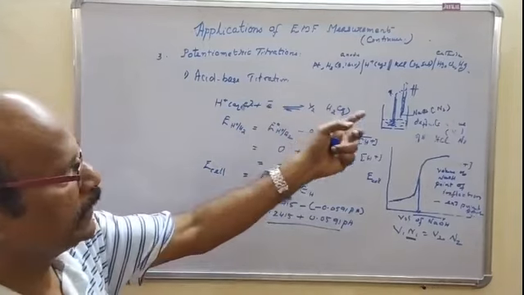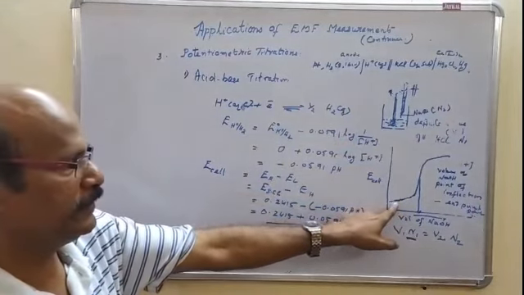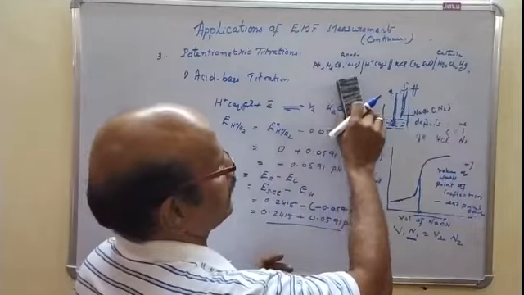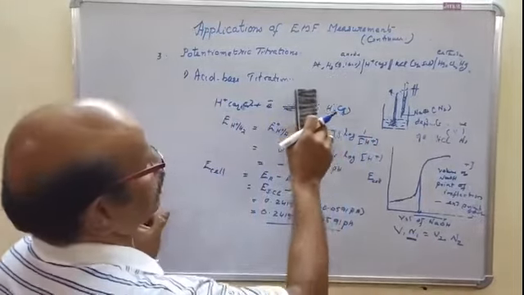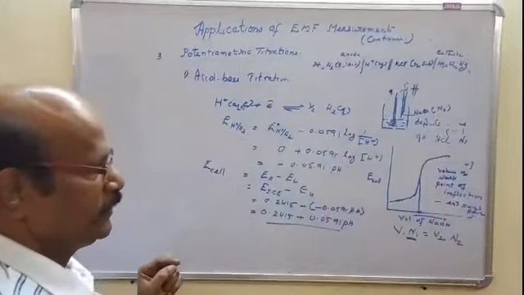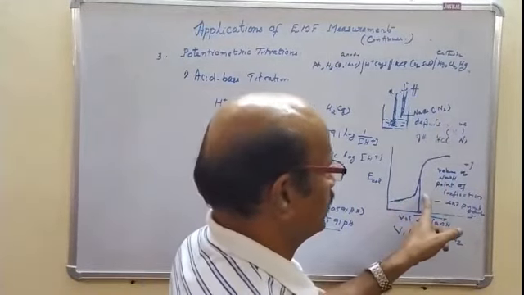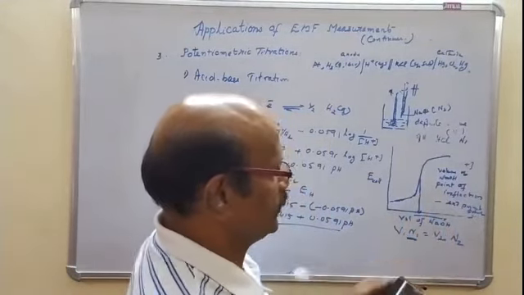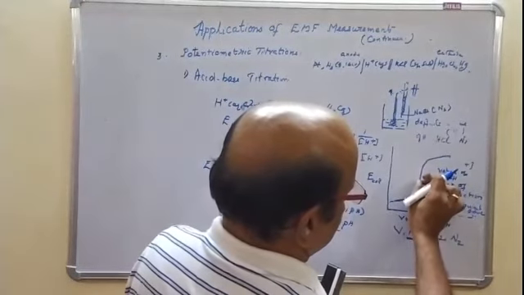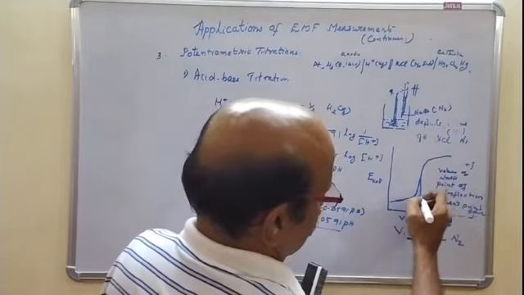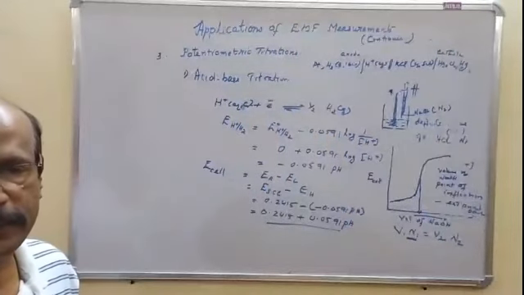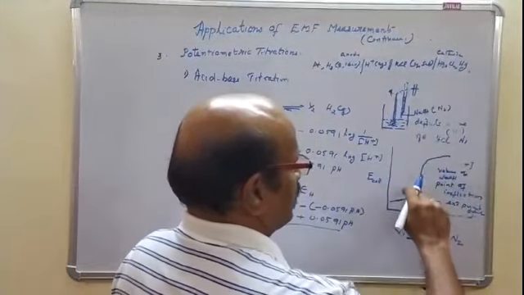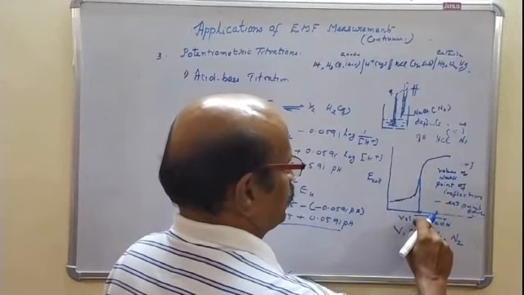When NaOH is added to the solution, there is a gradual increase in the E cell, the EMF of the resultant cell, and at the end point there is a sudden change in the EMF of the solution with the addition of a very small volume of alkali.